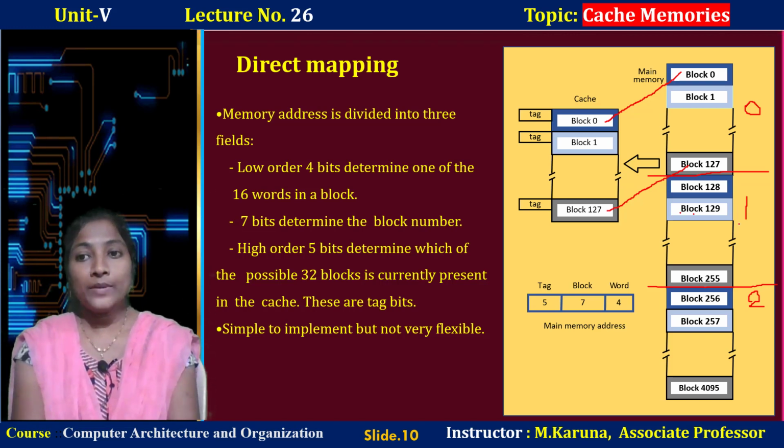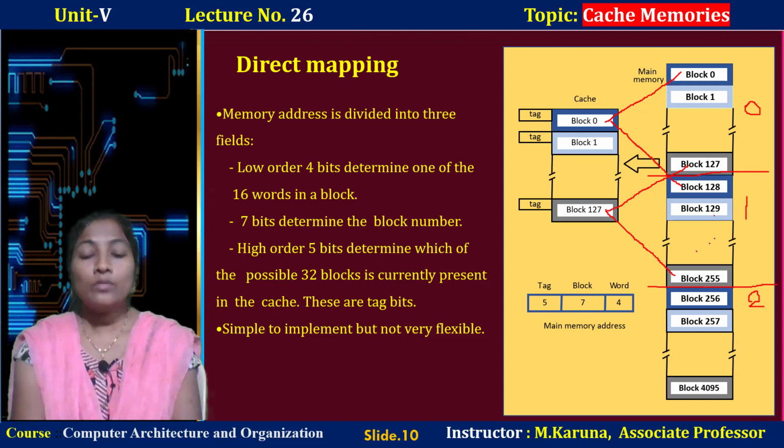Coming to the next group, block 128 will be stored in block 0, and block 255 will be stored in block 127. Like that, next, block 256 will be stored in place of block 0 of cache memory, and so on.